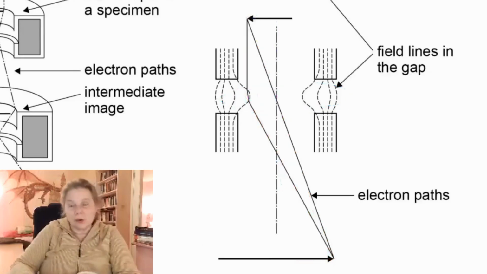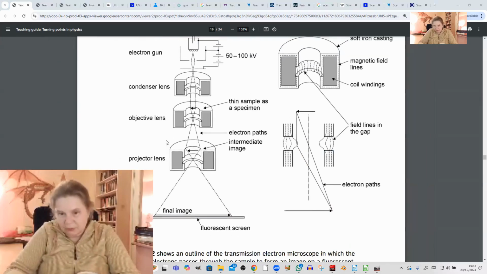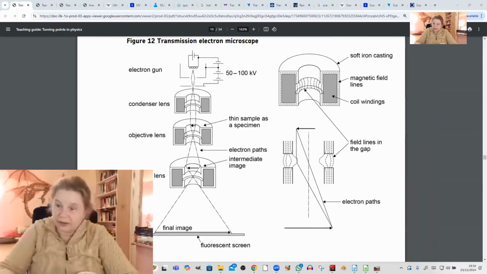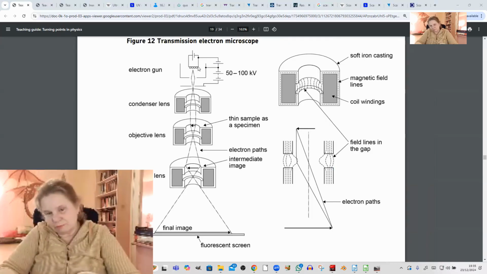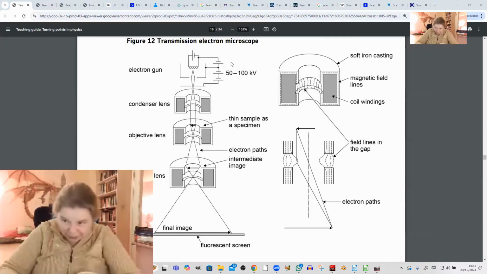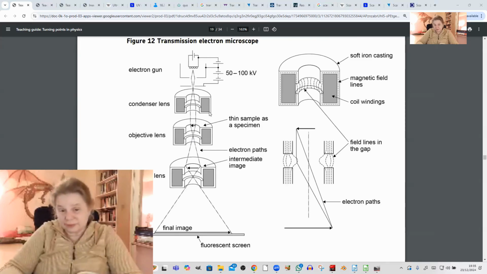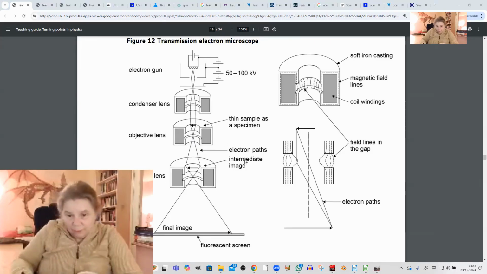So now we've got a way of changing the direction of the beam, but we've also got a way of focusing the electrons. Okay, so we've got this boil-them-off gun. We've got accelerating voltage, and we can change the accelerating voltage so that we can change the wavelength, and we can focus our light, except it's not light, it's electron waves, and the sample is in the middle here.